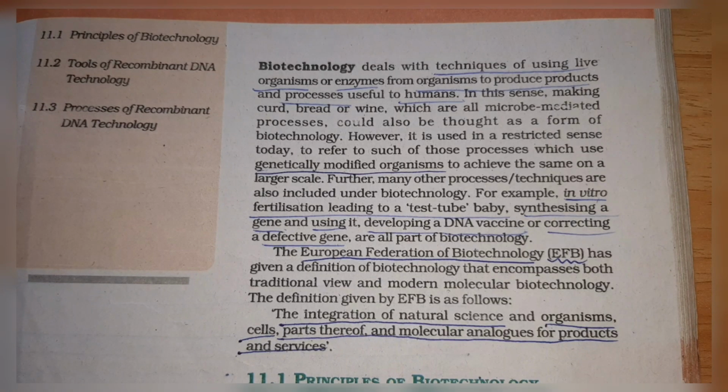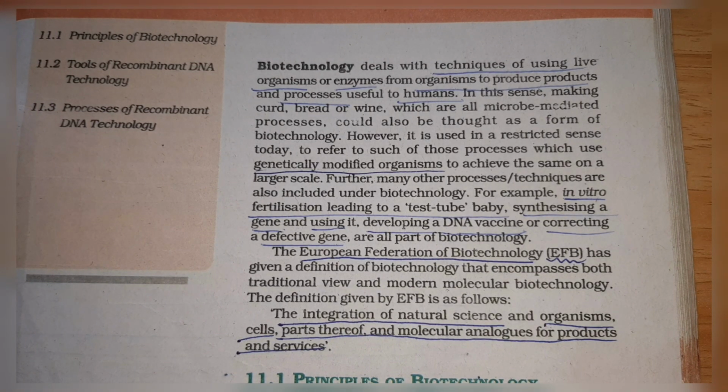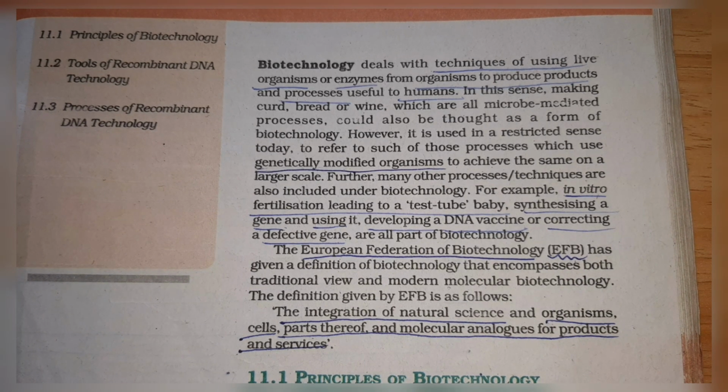The European Federation of Biotechnology, EFB, has given a definition of biotechnology that encompasses both the traditional view and modern molecular biotechnology. The definition by EFB is as follows: the integration of natural sciences and organisms, cells, parts thereof, and molecular analogues for products and services.